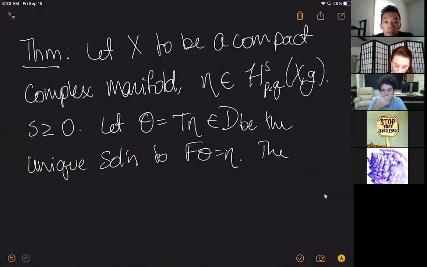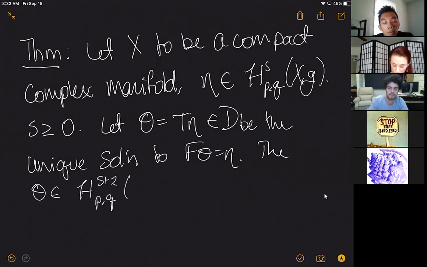Then theta is in H^(S+2) PQ. So this part follows immediately from the theorem that I wrote above.